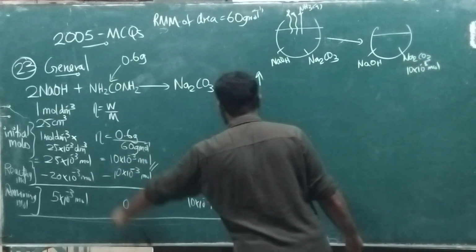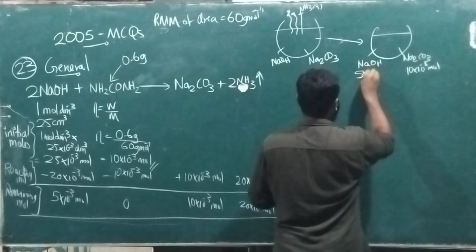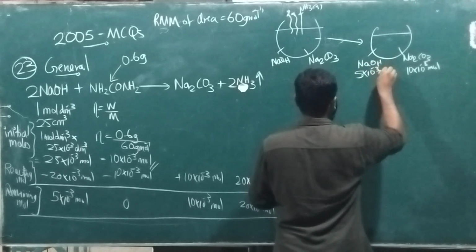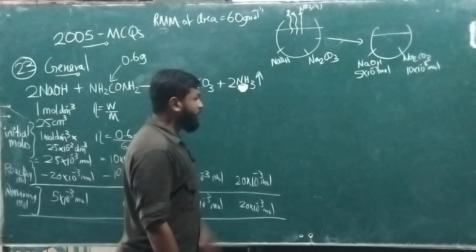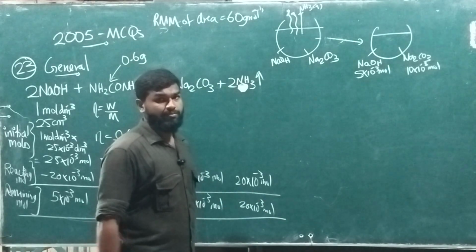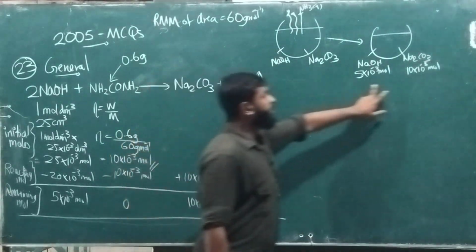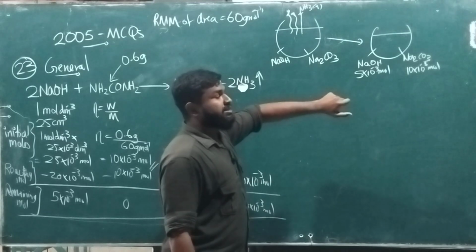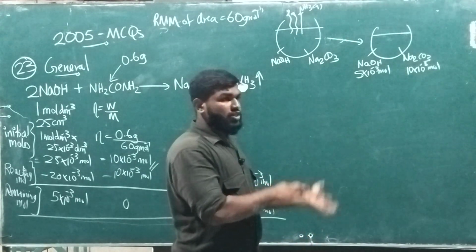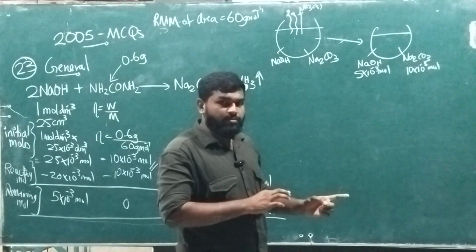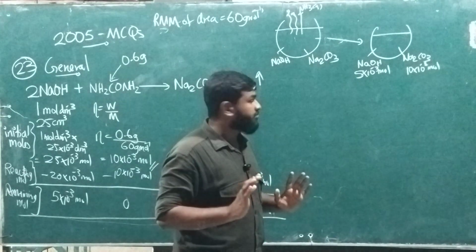Here we have the remaining of 5 × 10⁻³ moles. So in order to find out the volume, you need to know the total number of moles required for the HCl to completely neutralize the solution. Neutralizing means there should be no base, no acid, right? Neither of them should be present within the solution.